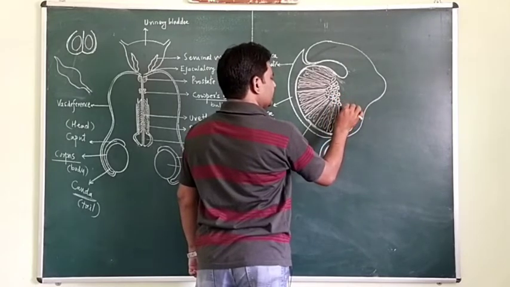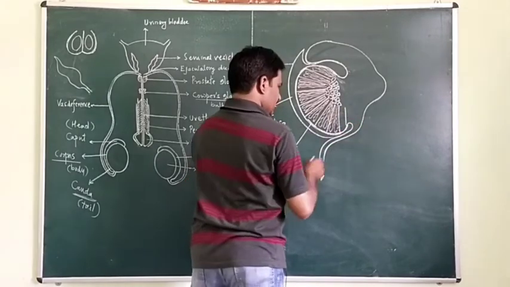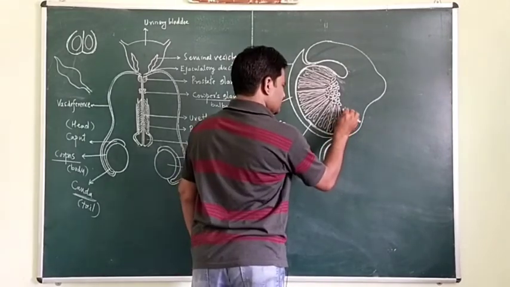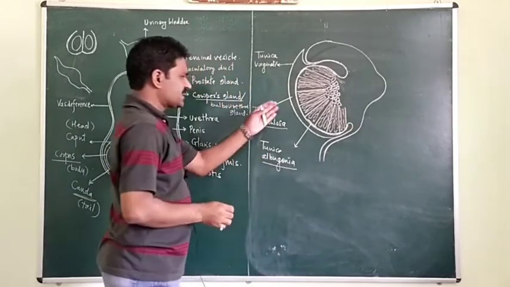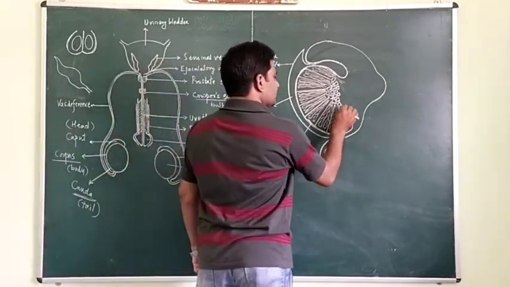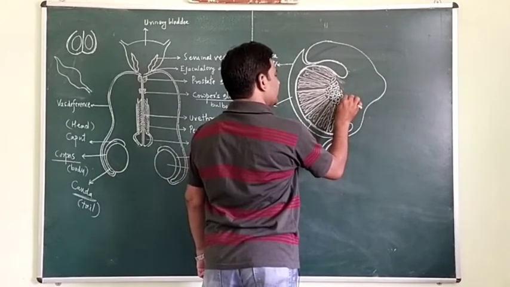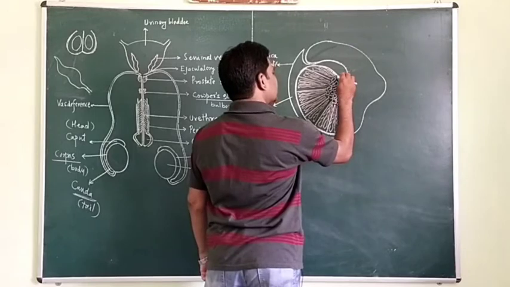The seminiferous tubules are coiled; in vertical section we will see them like this. This is the rete testis, the network of ducts.